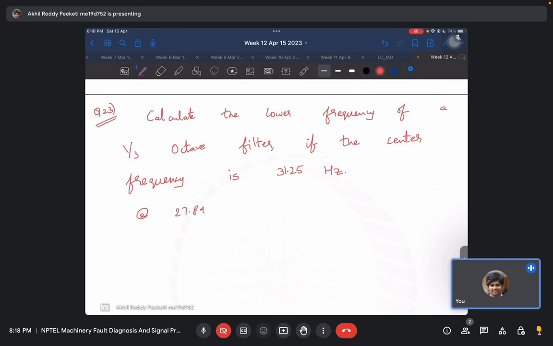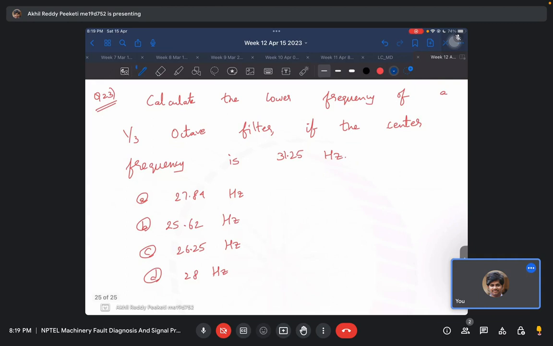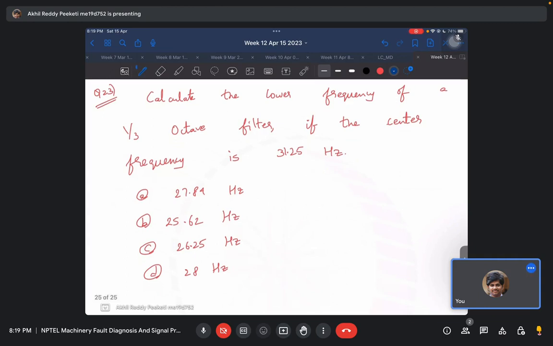The options are... so what should be the lower frequency in a 1 by 3 octave filter if the center frequency is 31.25 Hz?